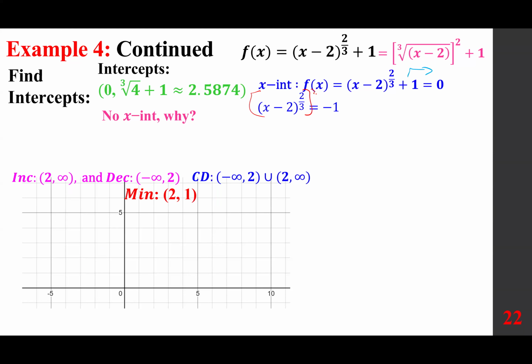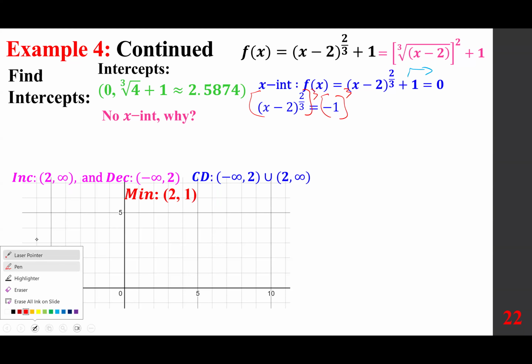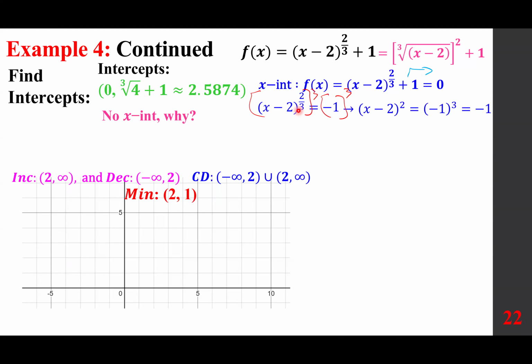The reason you raise it to the power of 3 first is because the denominator is the index, remember? And so you get x minus 2, quantity squared is negative 1. Something to the power of 2 is negative, doesn't matter what number. No solution.